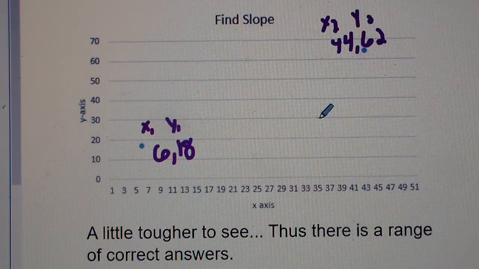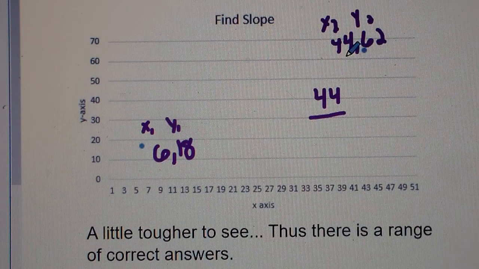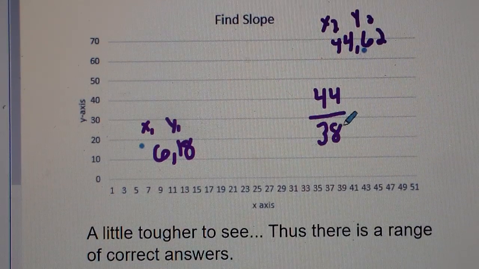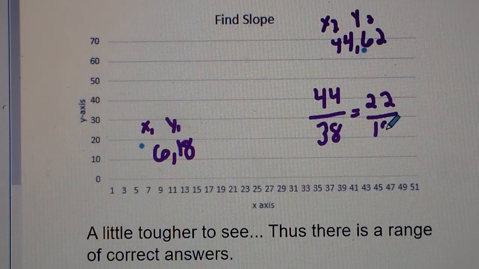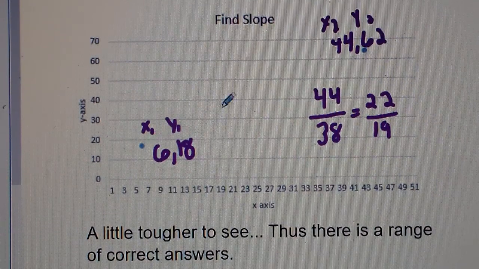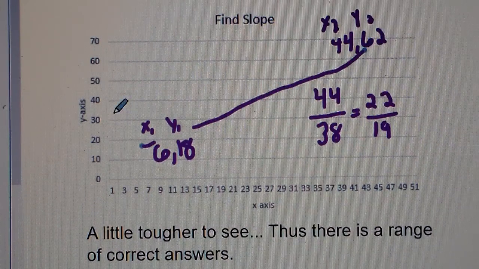Y2 minus y1, so 62 minus 18 gets you 44, divided by x2, 44, minus x1, which is 6. 44 minus 6 gets you 38. 44 over 38 could simplify down to 22 over 19. Now 19 is a prime number, so I know I can't simplify it down any further. So 22 over 19 would be the slope between these 2 points, or the slope of that line that I just made.